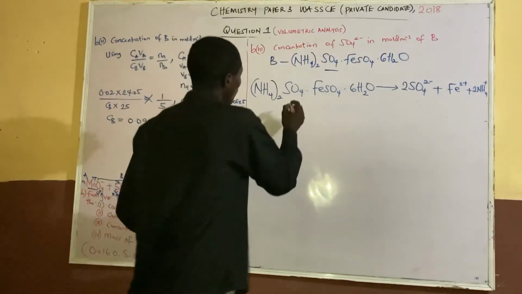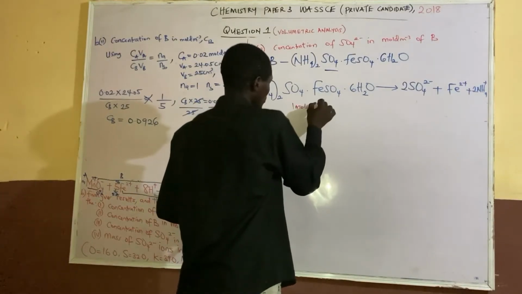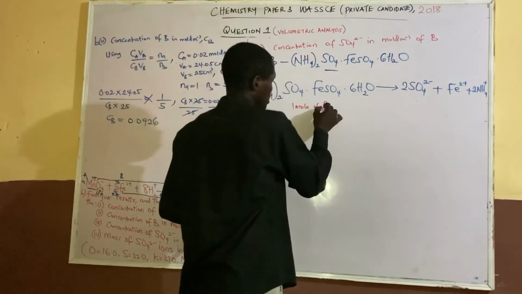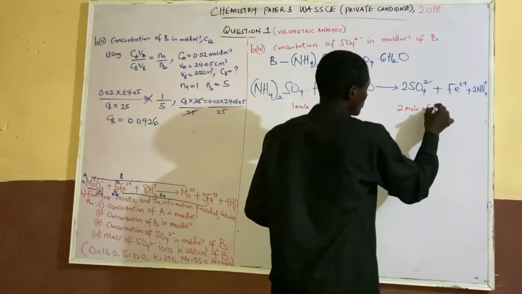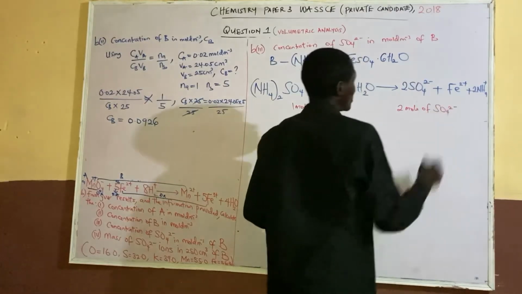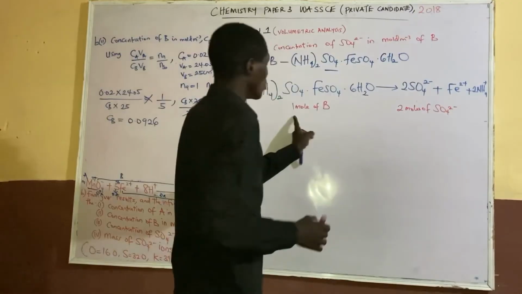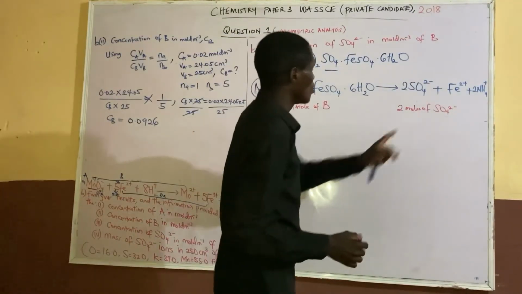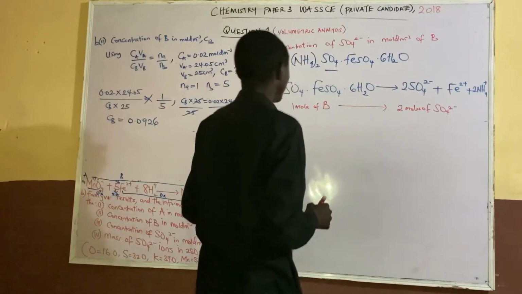It means 1 mole of B produces 2 moles of SO4 2 minus.